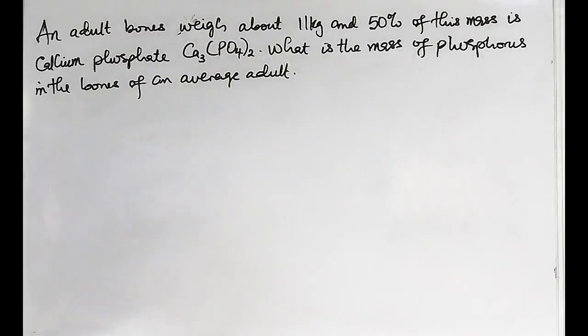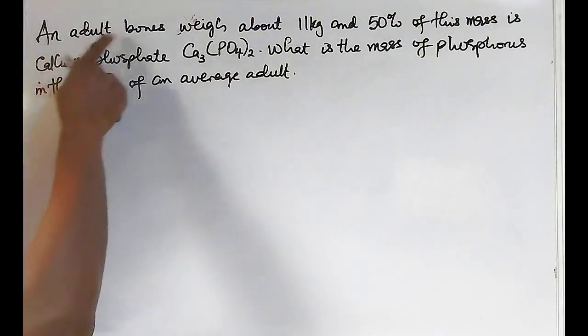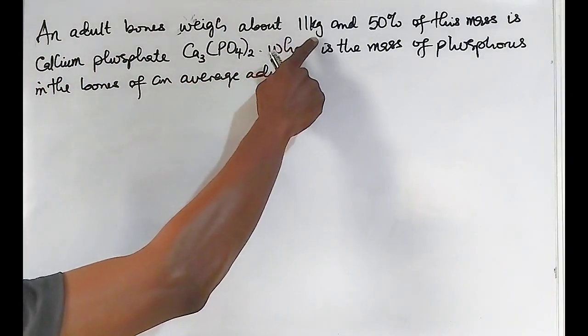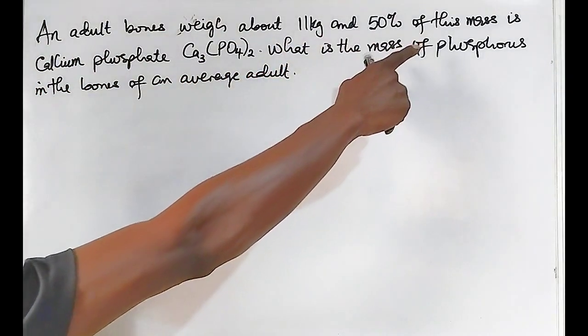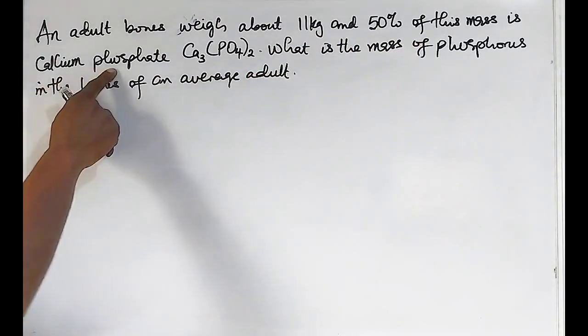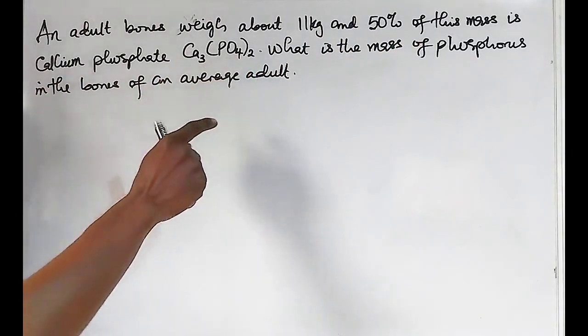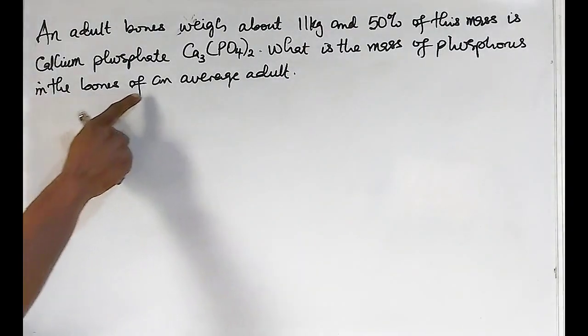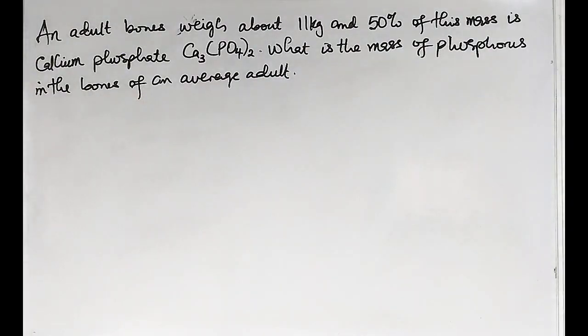Alright, now let us move to question number 8. Here we have it that an adult bone weighs about 11 kg, and 50% of this mass is calcium phosphate, and this is the formula. What is the mass of phosphorus in the bones of an average adult?